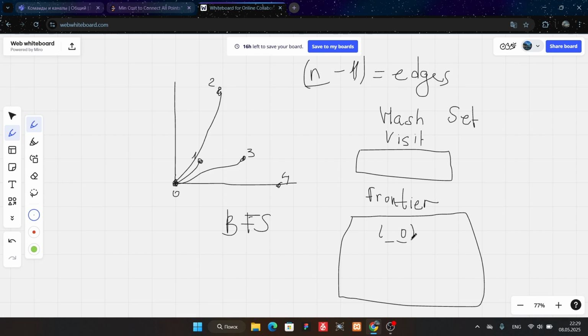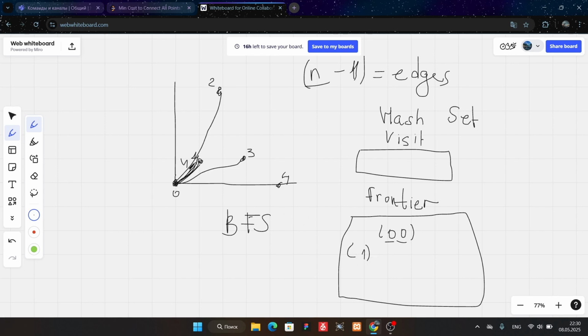For node 0, how to get from 0 to 0? It costs 0, and the other one is 1. We know visually it's very near to 0, because we are not a computer, that's why we can see it's very near to 0.